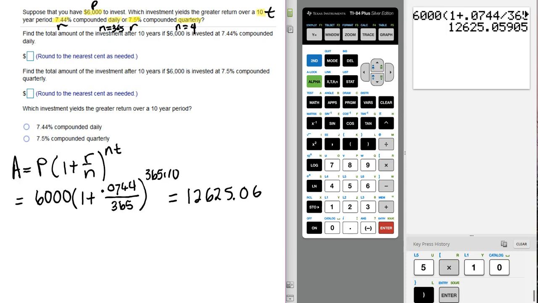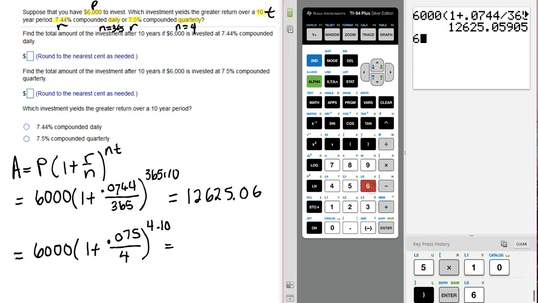Then for the other investment, we're still starting out with $6,000. Our interest rate is different. We're doing 7.5%. We still need to turn that into a decimal, so that's 0.075. We're compounding quarterly, so we're going to do 4 times a year. And in the exponent, 4 times the 10 years.